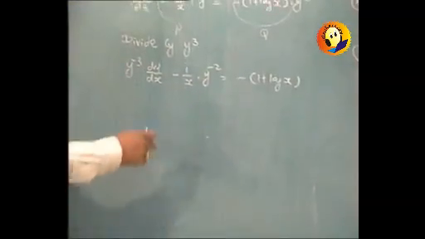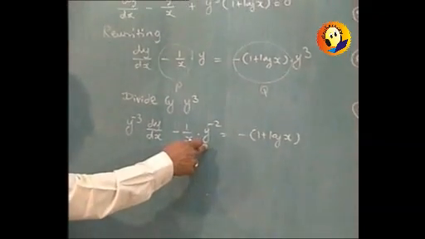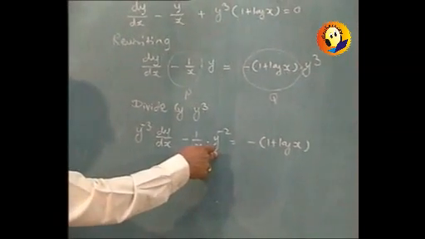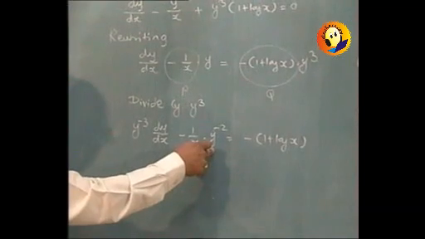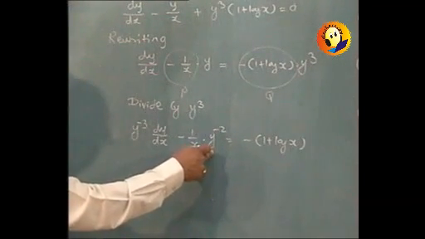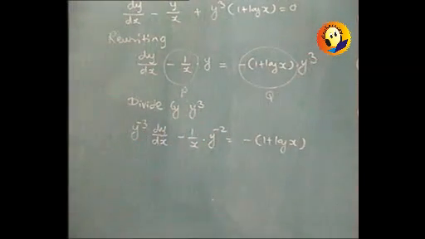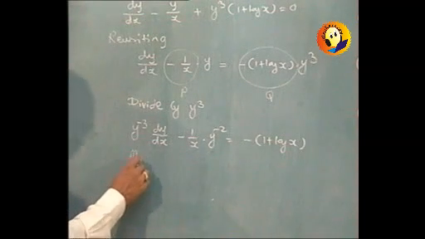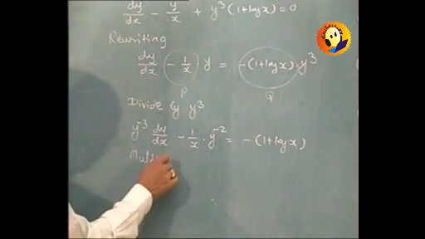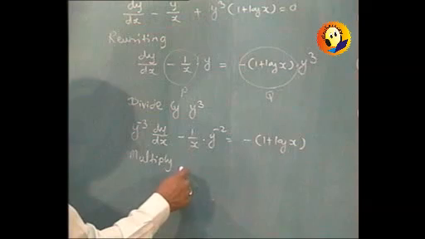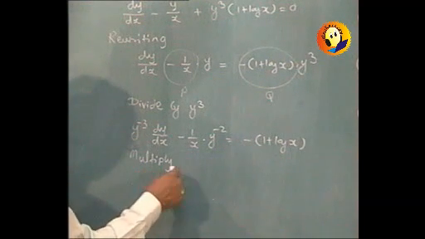We know that y raised to minus 2 is to be substituted as z, and minus 2 y raised to minus 3 dy by dx will become dz by dx. So let us multiply, because the same substitution we have done in the problem before it.